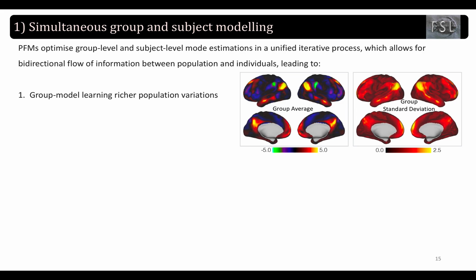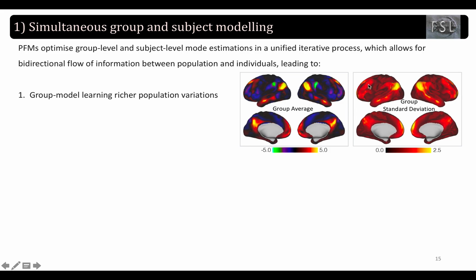This unified iterative process offers two key advantages. Firstly, the group model can be expected to learn richer population variations because it continuously gets updated based on the subject-specific modeling in each of the model iterations.